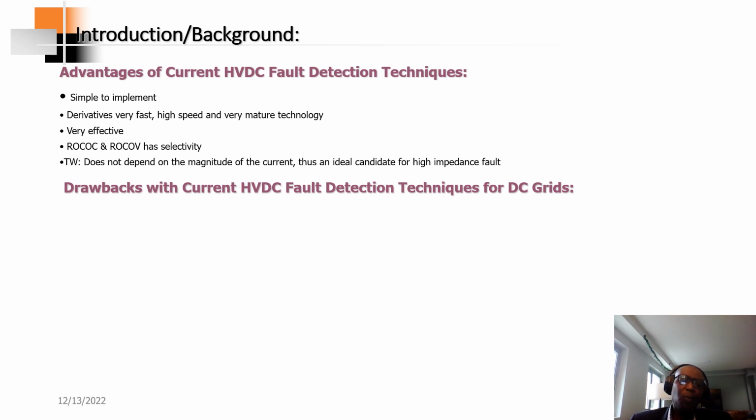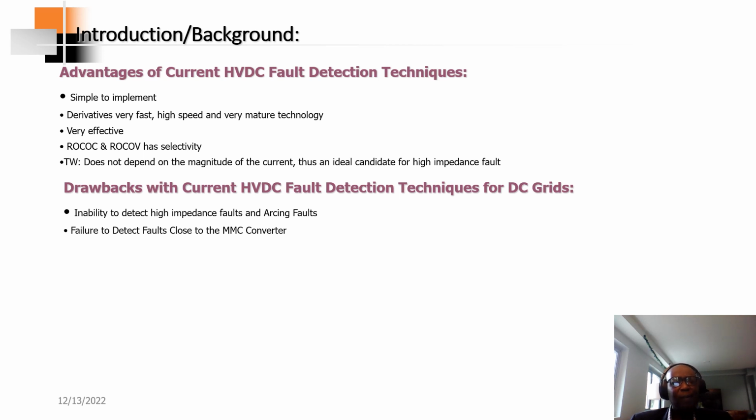Now let's talk about the drawbacks of the current HVDC fault detection techniques that we have. They lack the ability to detect high impedance faults. As a matter of fact, these high impedance faults are also known as arcing faults. As such, the current magnitudes become so small and so minute that it becomes very difficult to detect these arcing and high impedance faults.